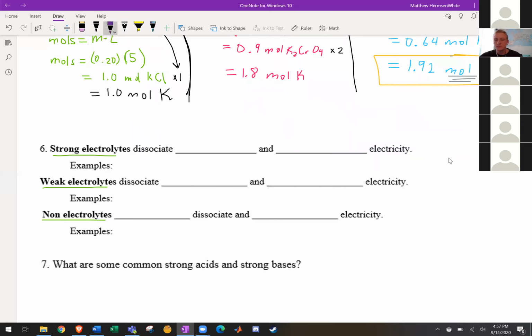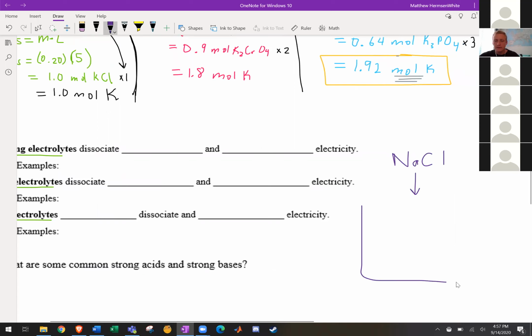Now, what is dissociation? Let's say you took NaCl, table salt, and you are going to put it in a container with water. Just imagine you're in your kitchen. When you put table salt in water, it no longer stays as Na and Cl.